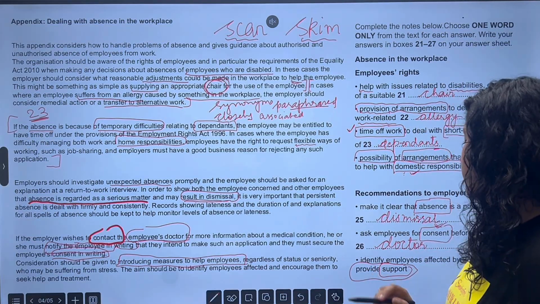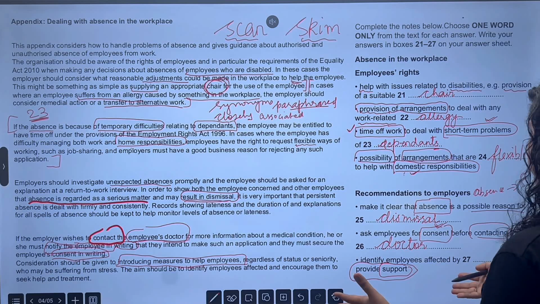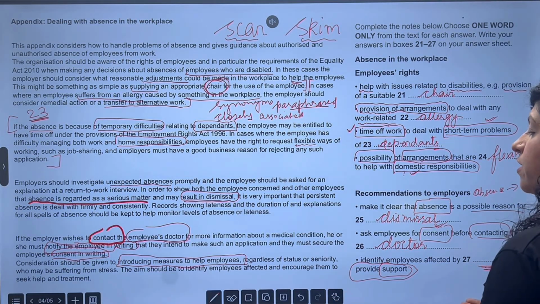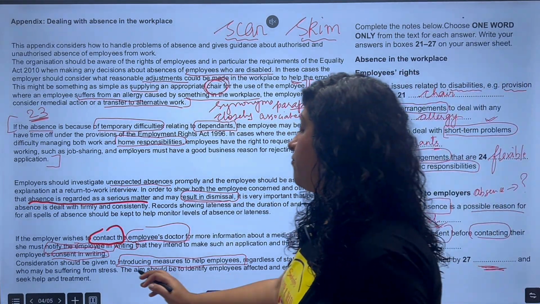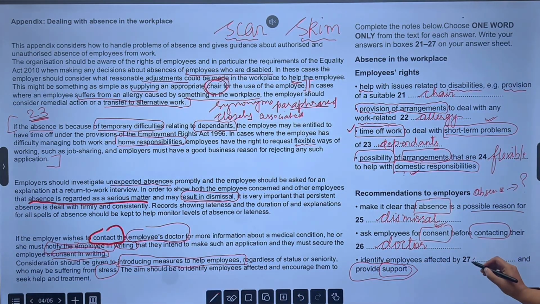Introduce measures to help employees, and support or help is provided to whom? Those employees who are affected by stress, who may be suffering from stress. So identify employees who are affected by stress and provide them support.